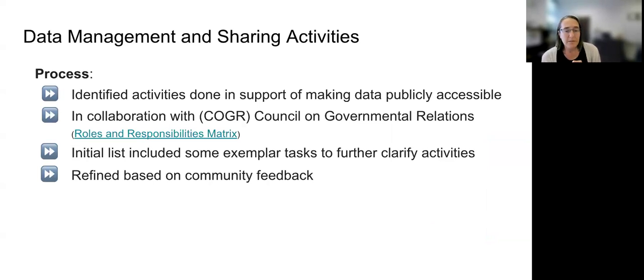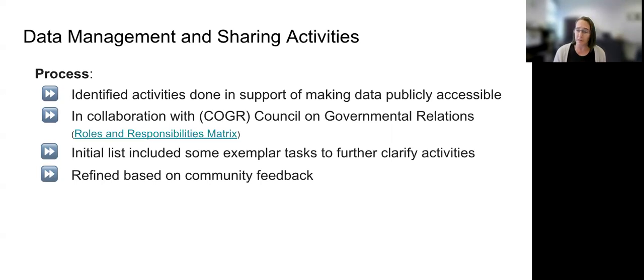So this process was iterative. Our goal was much like what the Data Curation Network did years ago when we created a list of curation activities. We made lists. We made vocabularies. We wrote out definitions of activities related to data sharing. And we intentionally didn't want to reinvent the wheel.